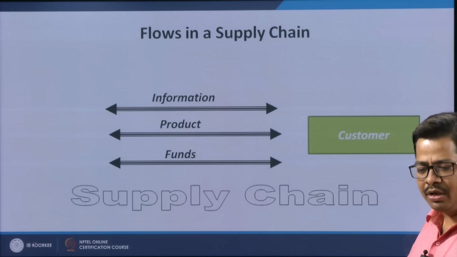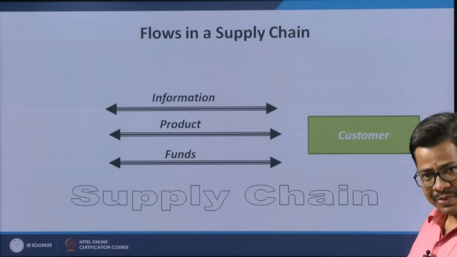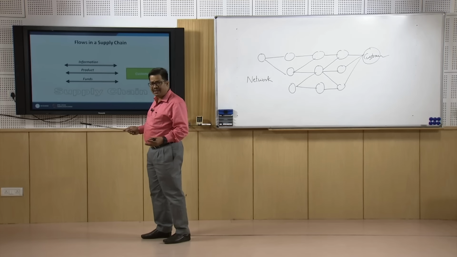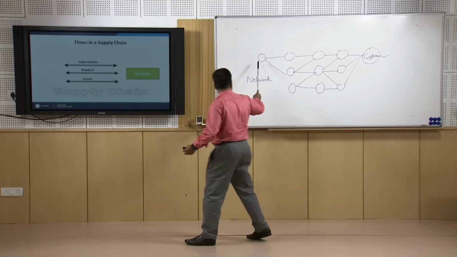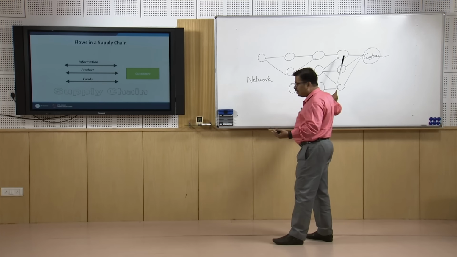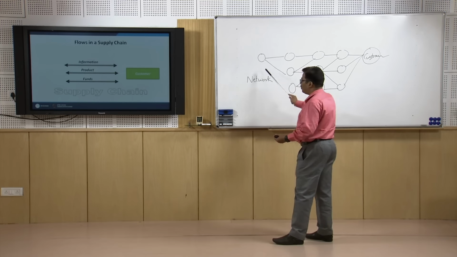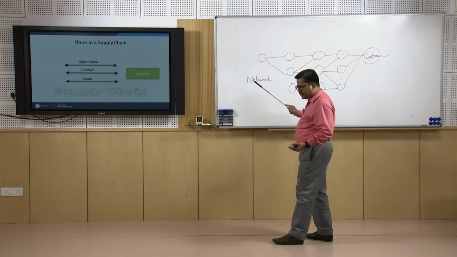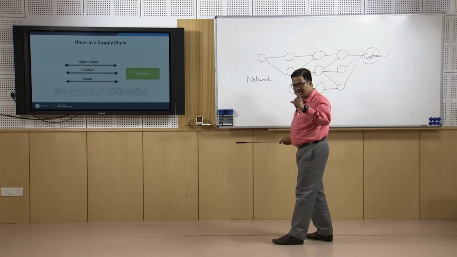You have the example of LPG cylinders. Filled LPG cylinders flow from the manufacturer to the customers, but empty cylinders flow from the customer to the manufacturer for refilling. You have glass bottles of Pepsi, Coke.